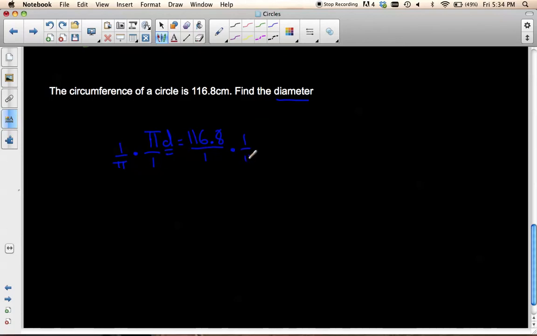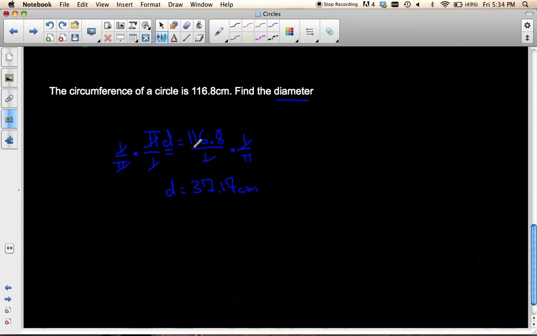Pi divided by pi will give me 1, 1 divided by 1 will give me 1, which has now isolated my diameter. 116.8 divided by pi gives me 37.17 centimeters. So we've worked backwards, we figured it out using the circumference.